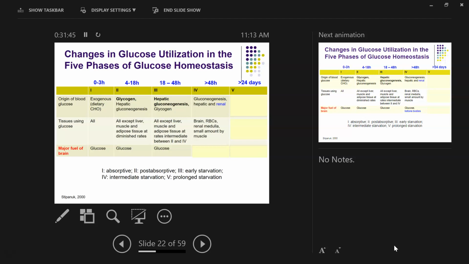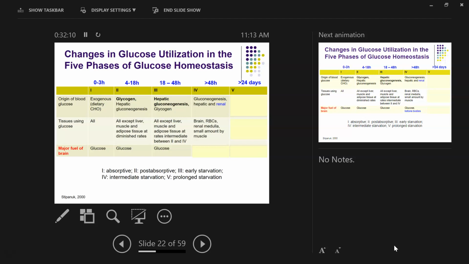So with starvation for longer than 2 days, lots of other tissues just shut down. The glucose utilization slows down significantly, right? But brain and red blood cells are the priorities for glucose utilization.